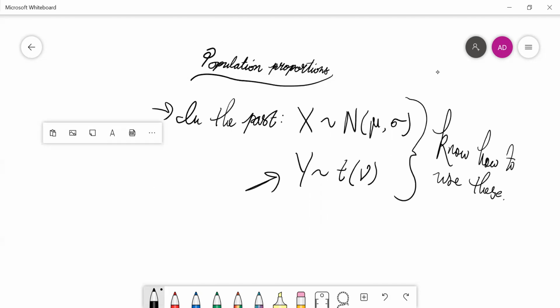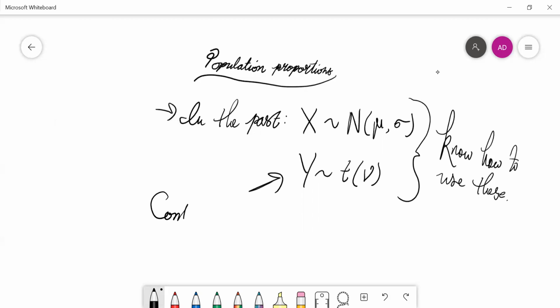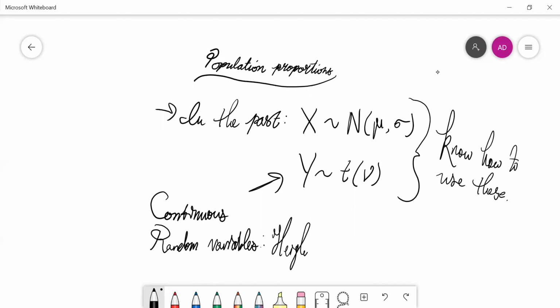these are continuous random variables. Specifically, you can track things like height, you can do money, you can do, say, test scores, etc. Okay.